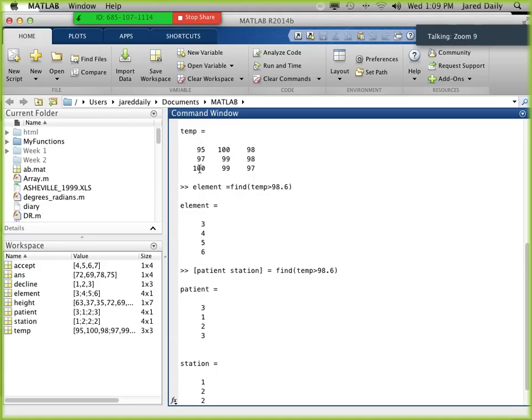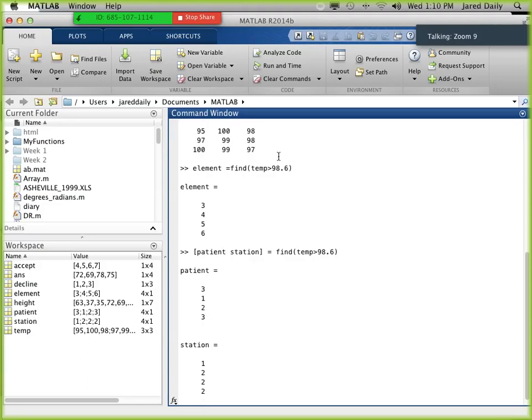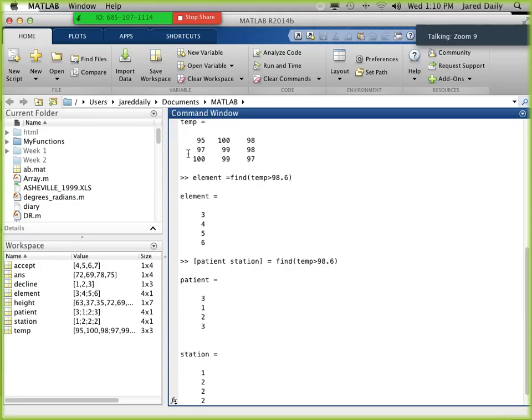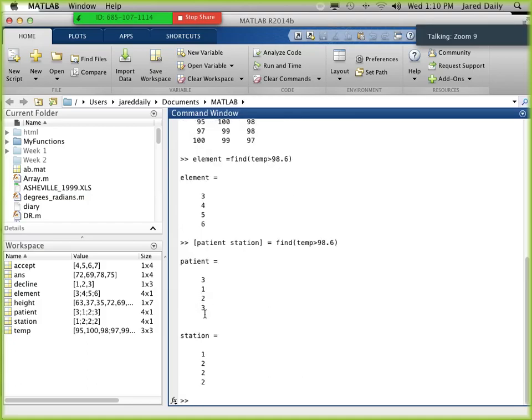So 3, 1 is the third row, first column, right? And then 1, 2, first row, second column, right there. And 2, 2 would be right here, 99. And then 3, 2 would be that third row, second column, 99, right? Did we get them all? I think so. Okay. So the patient and the station were the row and column coordinates.